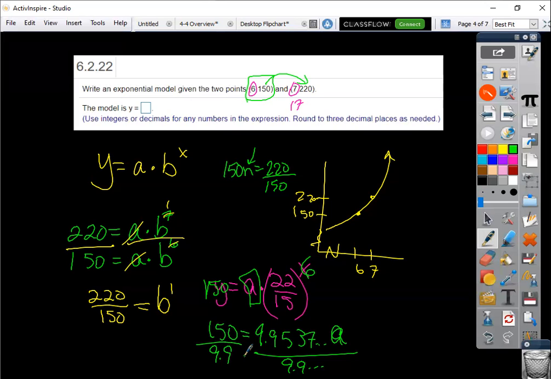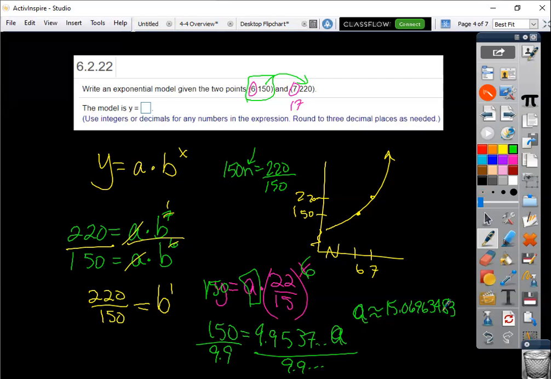Let me try that again. 150 divided by that 9.9 number on my graphing calculator to come up with a. I don't know if this is exact or rounded off, but I've got 15.06963483, however much of that.